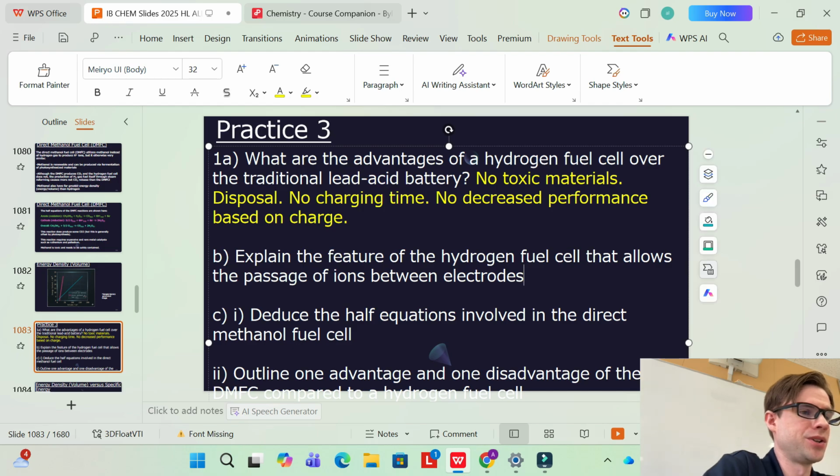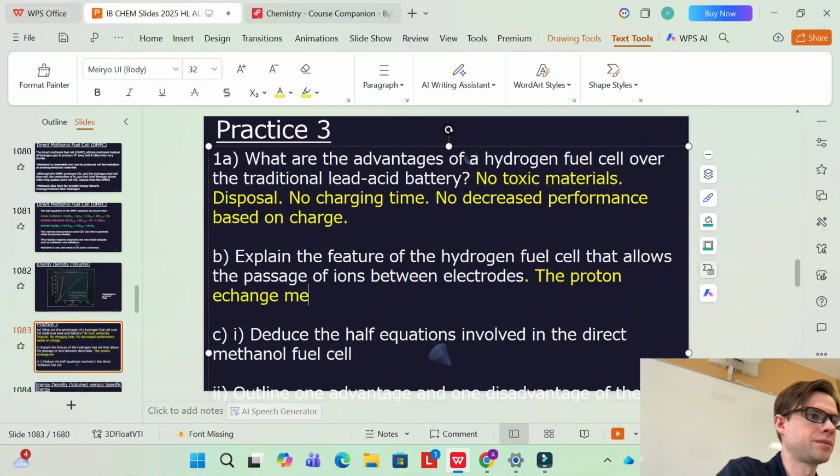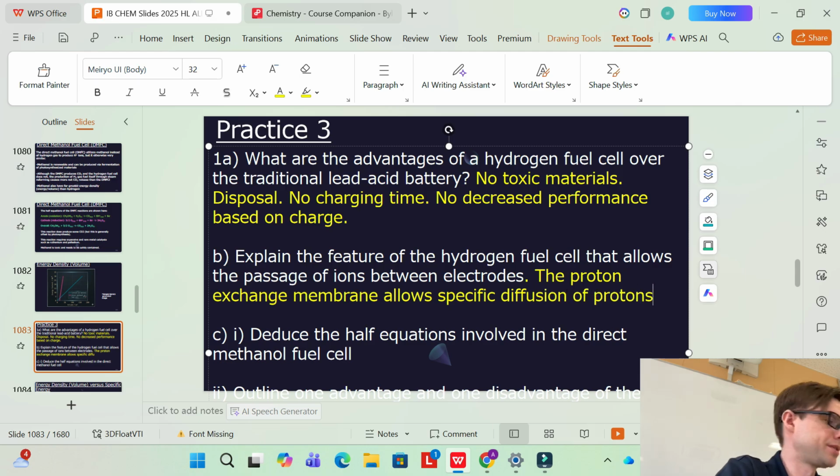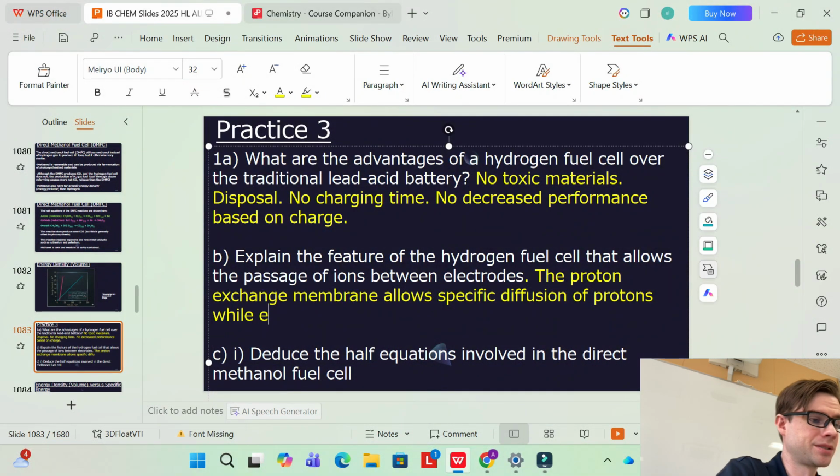Part B, then: explain the feature of the hydrogen fuel cell that allows the passage of ions between electrodes. So the proton exchange membrane. Okay, the proton exchange membrane allows specific diffusion of protons while excluding any other ions, molecules, and electrons.